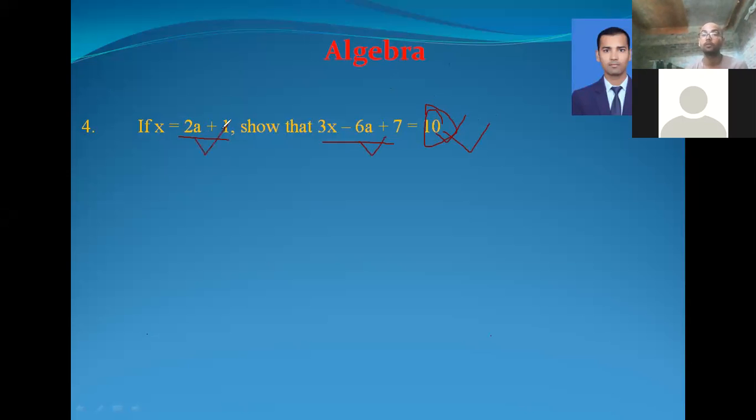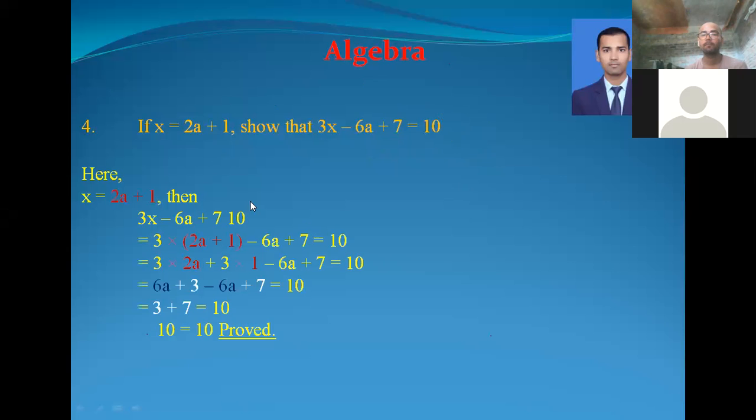So how can we solve this? How can we find the value 10 of the expression 3x minus 6a plus 7? For this, we can solve it like this. So let's discuss the solution here. The solution is given to you on the screen.